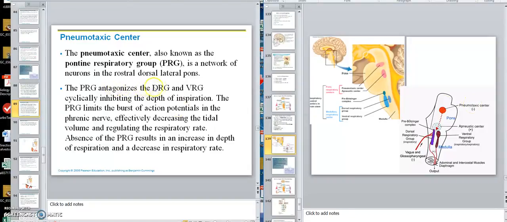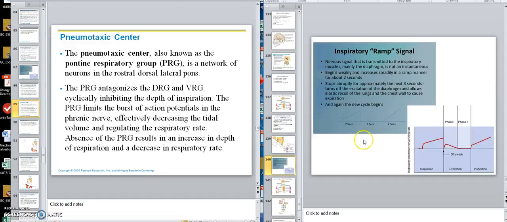It antagonizes the DRG and VRG, inhibiting the depth of respiration. The pneumotaxic limits the burst of action potentials in the phrenic nerve. Remember, the phrenic nerve was the one going to the diaphragm, effectively decreasing the tidal volume. Remember, in that time frame, you're bringing in about 500 cc's when you put everything together.